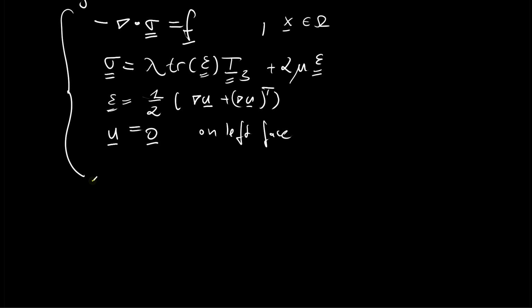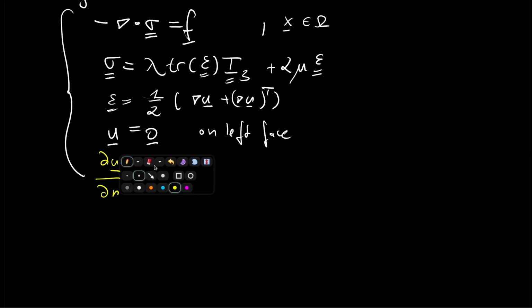And if you've done any PDE problems before, then a Neumann boundary condition always looks like, well, we take the derivative of the primary unknown with respect to the outward facing unit normal, or in that particular direction, and set it to 0. But in the problems of linear elasticity, we prescribe the traction vector, which is given by the multiplication of the sigma matrix with the outward facing unit normal.